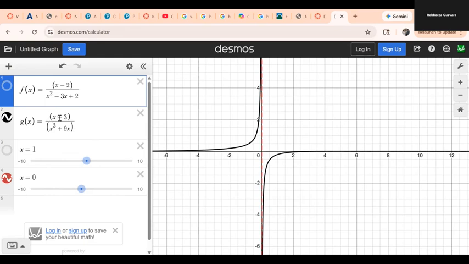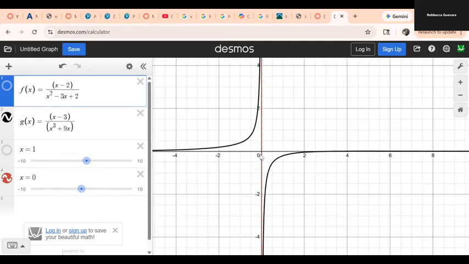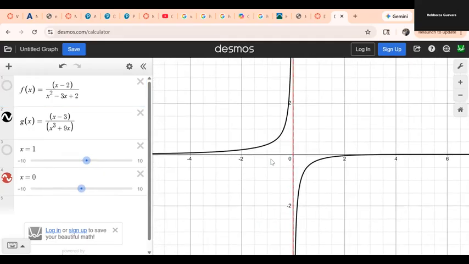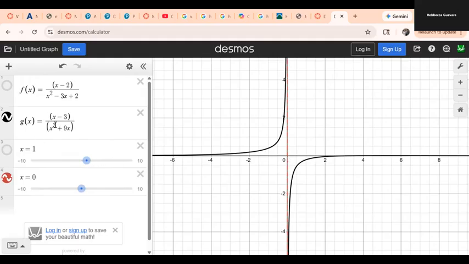So here, this is x minus 3 over x cubed plus 9x. And we see, once again, it's got asymptotic behavior at x equals 0. One of the things to notice here is that x minus 3 means the top equals 0 when x is 3. So that is actually going to be an x-intercept. So just bear that in mind for later.